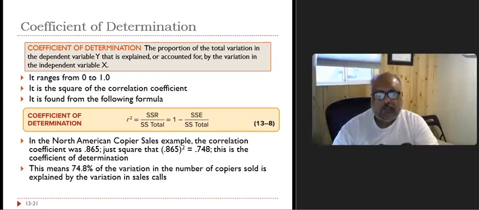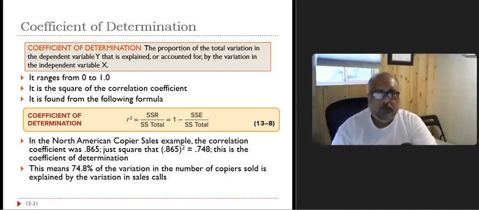We have been using the value of R, but this gives you a better idea about the correlation compared to just the coefficient of correlation. For example, an R square of 0.748 indicates that 74.8% of the variation in copier sales is due to sales calls.